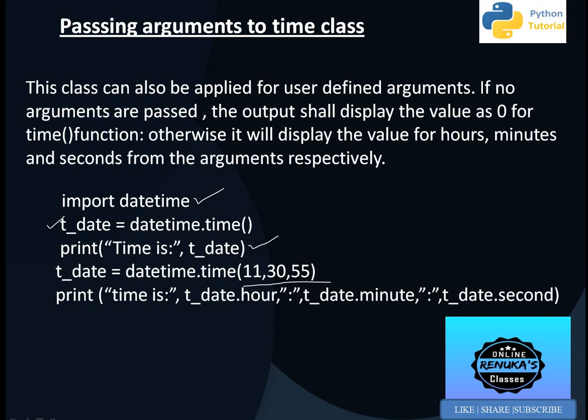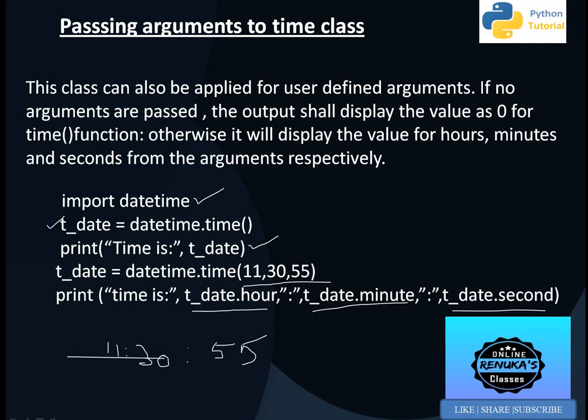We can print this with the help of t_date.hour, t_date.minute and t_date.second. This will help you print the time in the format 11:30:55.